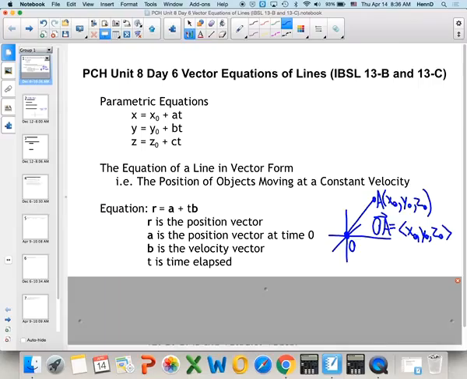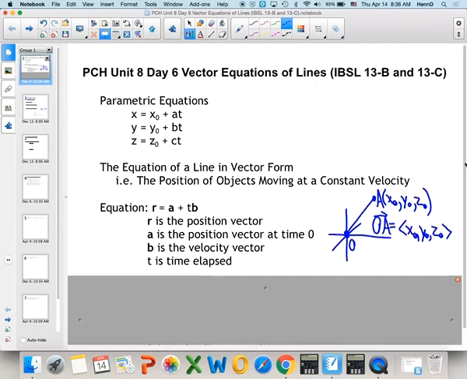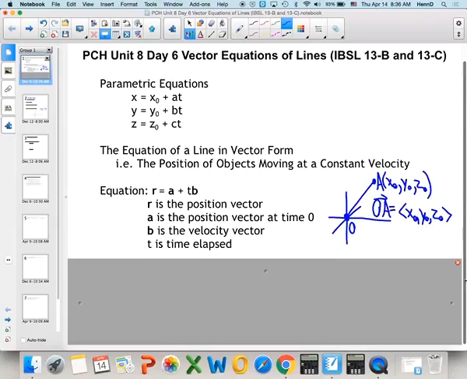So we have to use that position vector. B is our velocity. It's simply going to be 3 numbers, and the reason it's 3 numbers and not 3 expressions is because our velocity is constant. So, putting these two ideas together, if our position vector at time 0 is x sub 0, y sub 0, z sub 0, and you can see what we're multiplying the time by in each case, what do you think our velocity vector is going to be?